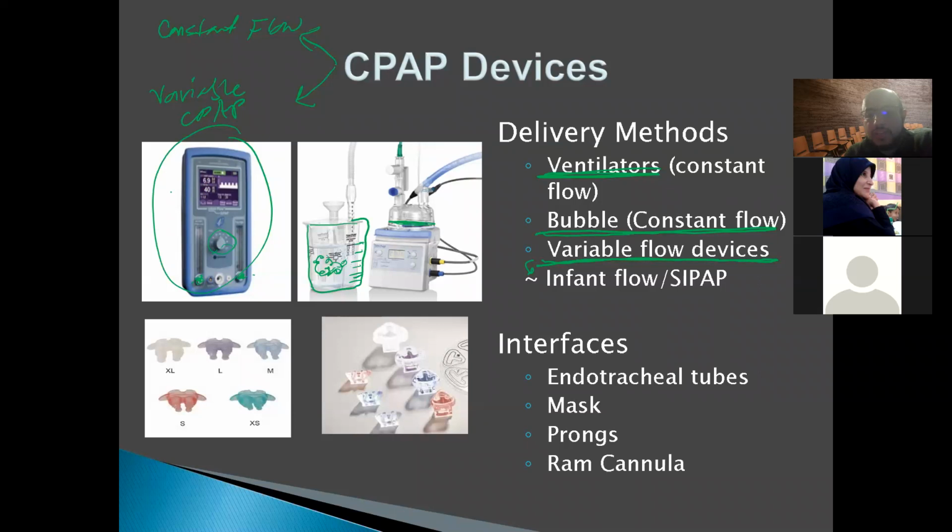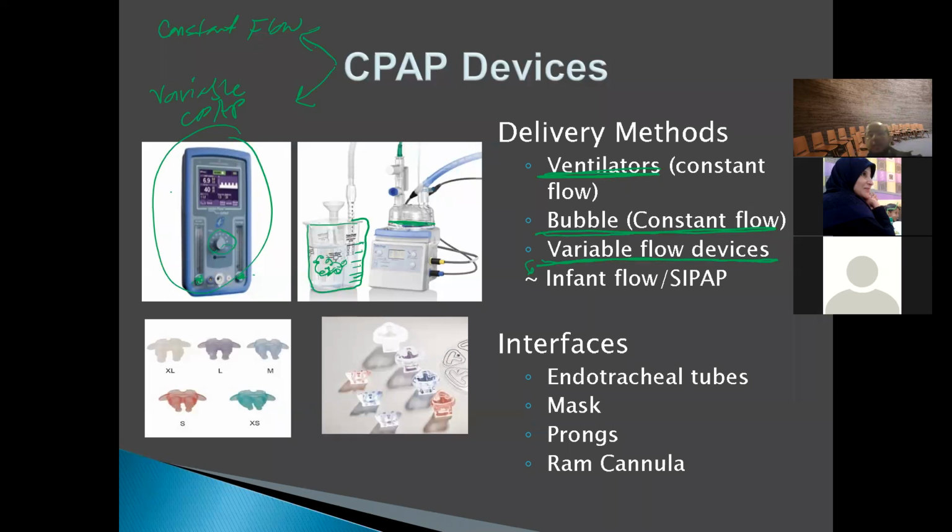We will talk about this later. It works differently in inspiration versus expiration. The pressure is higher on inspiration, and when the baby breathes out, it gives lower pressure or low flow to the baby. It has a more comfortable level and babies like it more, but the fancy device is not available everywhere.